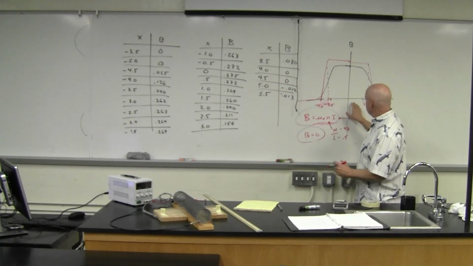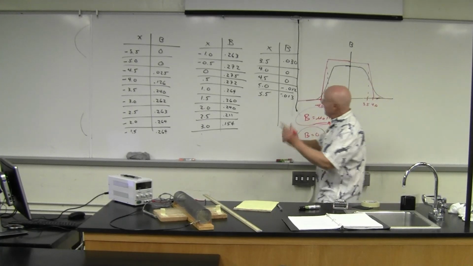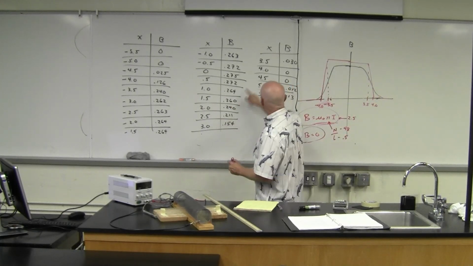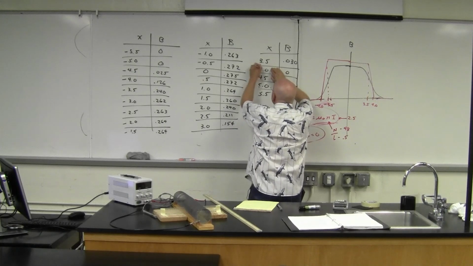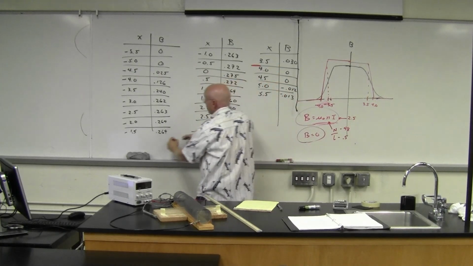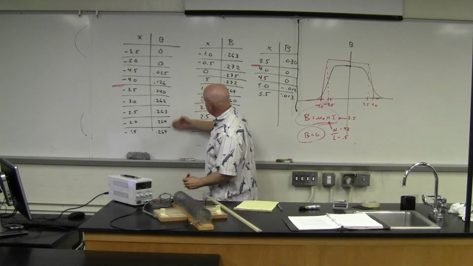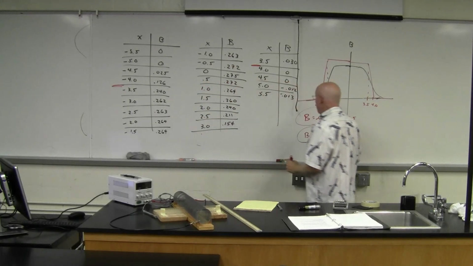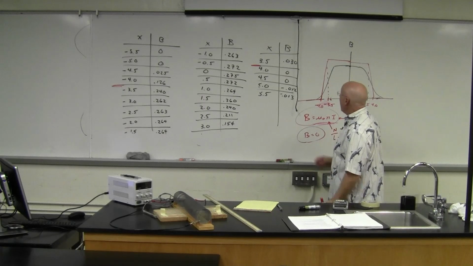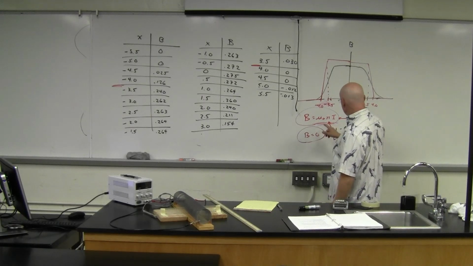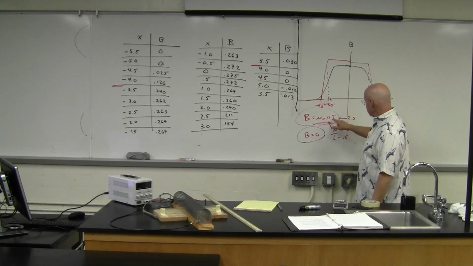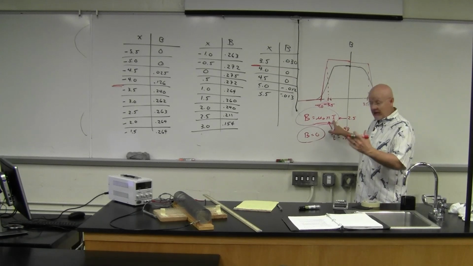And so for all of these points, which would fit in this category, from a positive 3.5 down to a negative 3.5, for all of those, just type in the number that you calculate and watch your units, because if you stick to the standard SI units here, you're going to calculate this in Tesla.